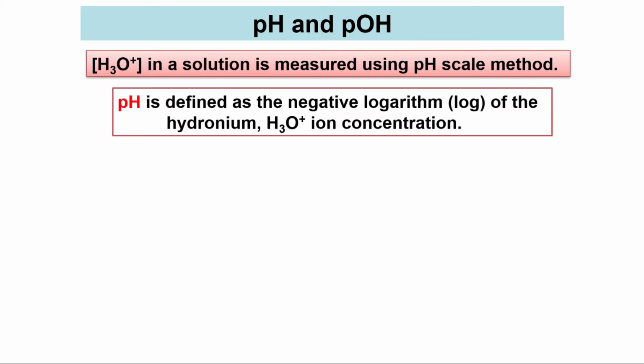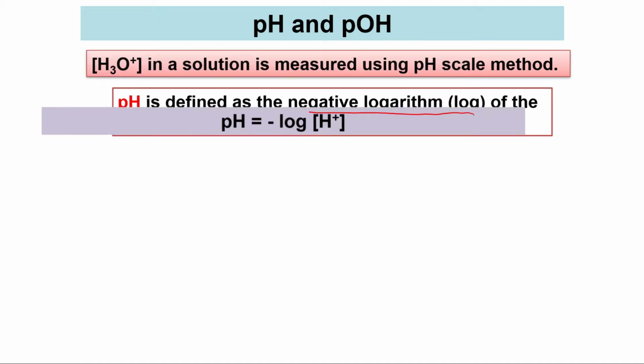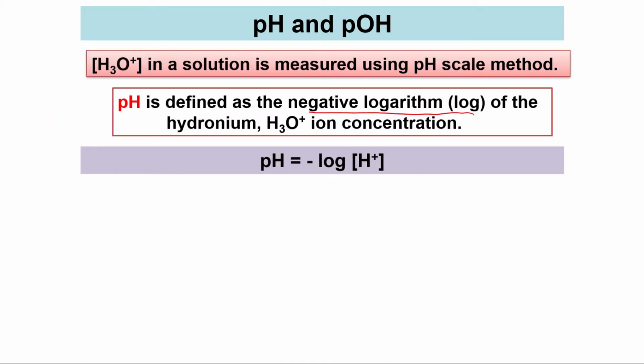What is pH? pH is defined as the negative log of the hydronium ion concentration. Therefore, when written as a formula, pH equals negative log concentration of H plus or H3O plus.